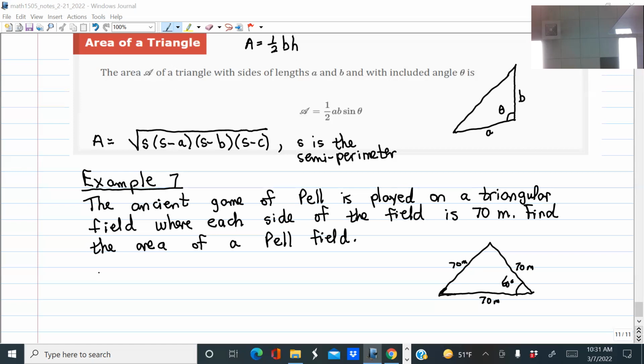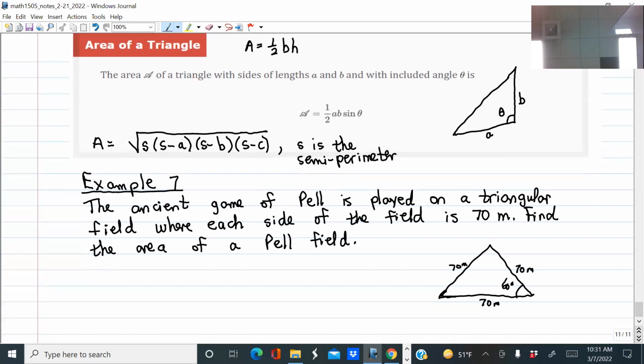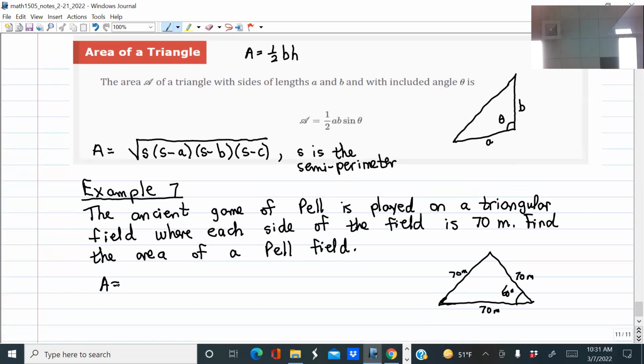Okay. All right. So what would the area be? Well, according to our simple formula, it's going to be one half times the sides A and B, and we can pick which sides we want to call A and B. It doesn't really matter since they all have the same length. So let's call this one A, and let's call this one B. And then, of course, we know what the included angle is.